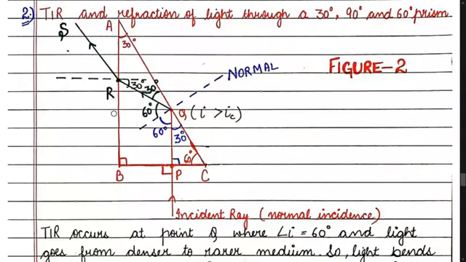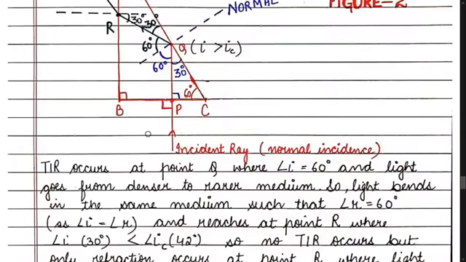Now students, here what happens? The TIR occurs at point Q, where the angle of incidence is 60 degree, and the light goes from denser to rarer medium.